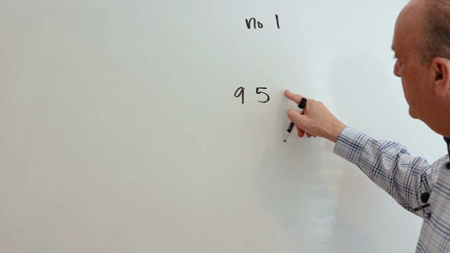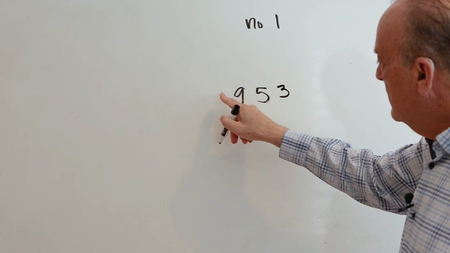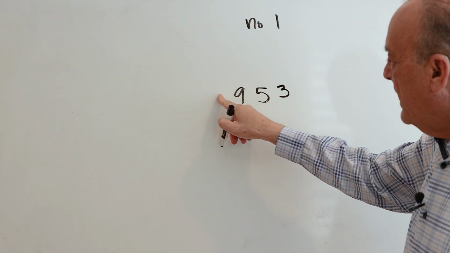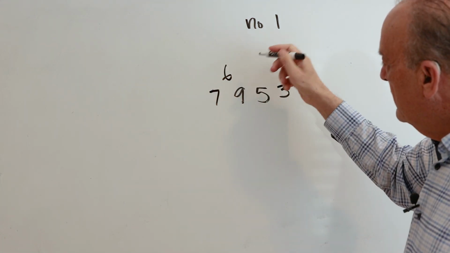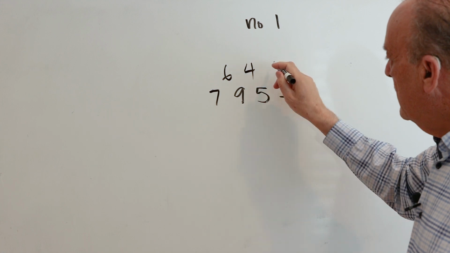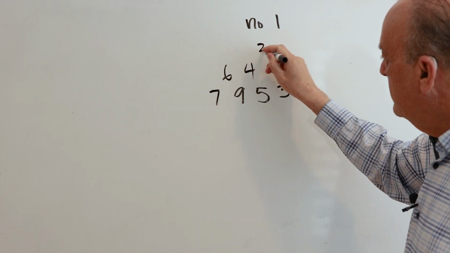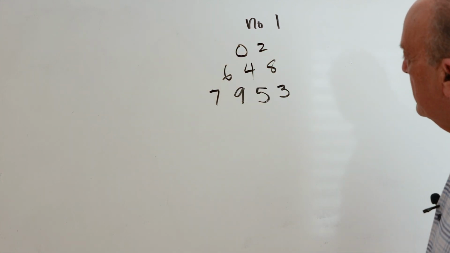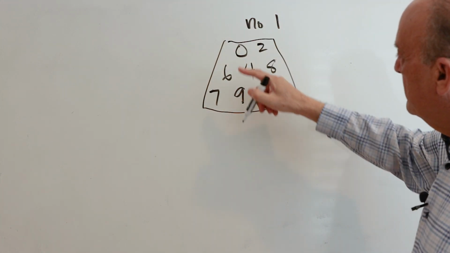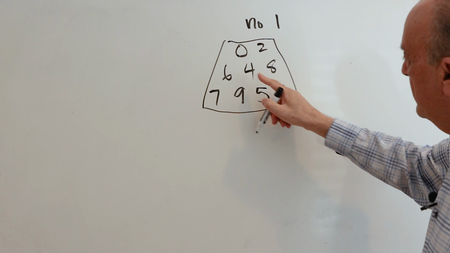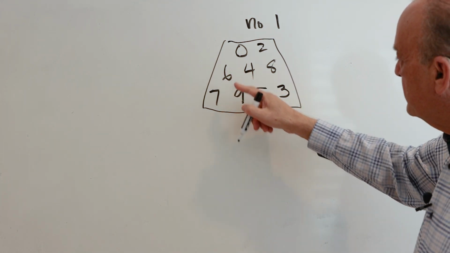Now this is going to be 3 times 1, so it's 3. And this is going to be 2 times 1 plus 5, so it's 7. So if we add up, we get 6, 4, 8, and 2, and 0. So we should have everything except a 1.